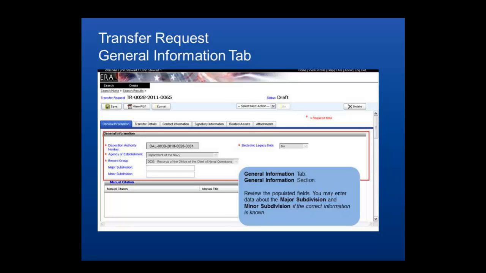At the very top of the form itself, you will find the transfer request number: TR, a 4-digit record group number, followed by the fiscal year in which the transfer request was created in ERA, and the last 4 digits are simply sequential numbers the system assigns in the order in which the transfer request was created. But this is definitely a fiscal year date system, so the center date there is going to be the fiscal year it was created, not the calendar year.